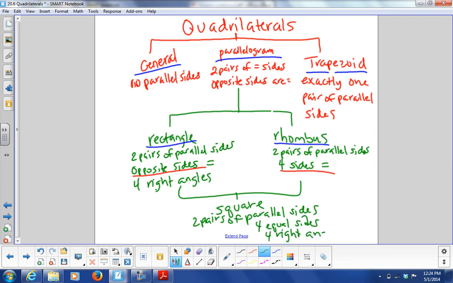That's how a square is a rhombus, a rectangle, a parallelogram, and a quadrilateral. It's got all of the characteristics of all of those things. So pause the video now if you need to copy that all down, and then move on to doing homework.